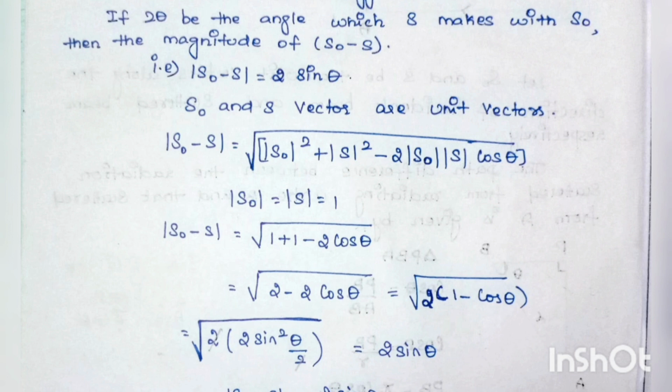But we already know that S naught and S are unit vectors, so we substitute them as 1. Finally we get square root of 2 into 1 minus cos theta, and 1 minus cos theta is equal to 2 into sin square theta by 2. So here the 2 gets cancelled when we take the square root. Finally we get 2 into sin theta.